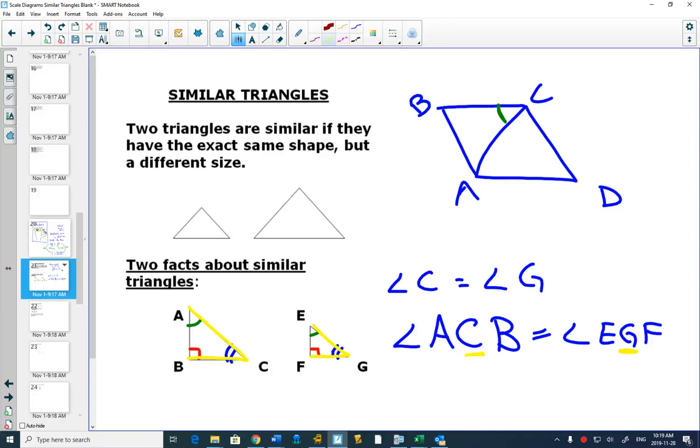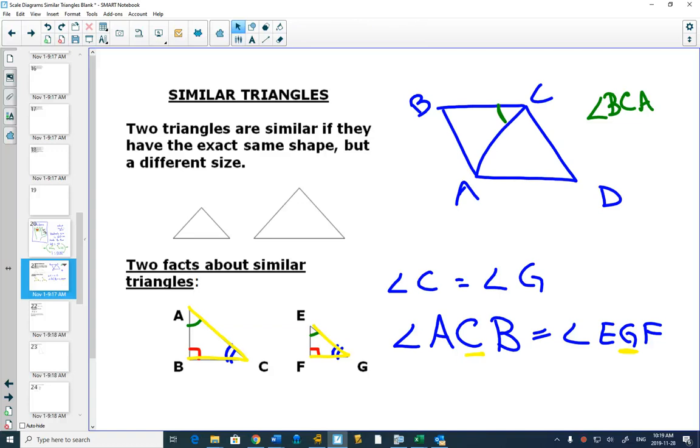So if I wanted to talk about just that green one, I can start at B, then go to C, and then go to A. That would be that green angle that I'm labeling. So there's a reason why we use 3 letters, but if you don't need to, a single letter for an angle is easier.